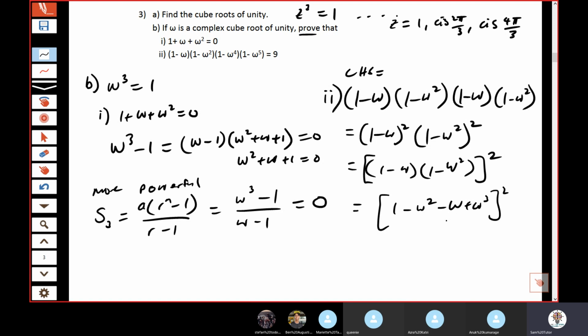What's minus W squared minus W equal to? Well, go back up here. Minus W squared minus W, if you brought them over, equals 1. As you know, because you already have a 1 here, and you've got a 1 here, you know this bit has to be a 1. Those are the easy ones to get.